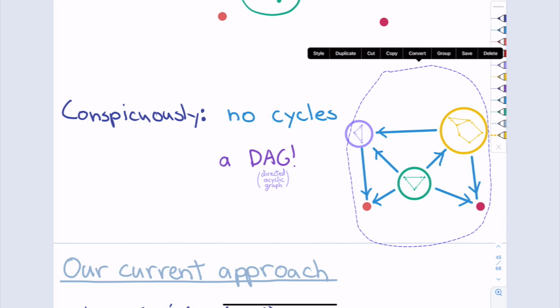But the nice thing is that because I'm contracting strongly connected components, there are no cycles left in this contracted graph. If I could have gone from yellow to purple to green, back to yellow, that cycle would put all of them in the same strongly connected component. So once I contract all the strongly connected components, what's left is a DAG. Sometimes it's called the DAG of strongly connected components. We've gotten rid of the cycles.